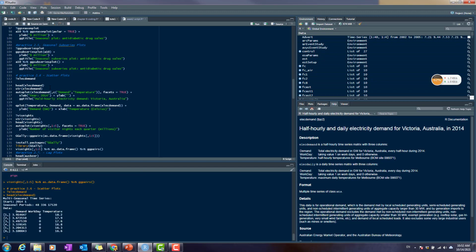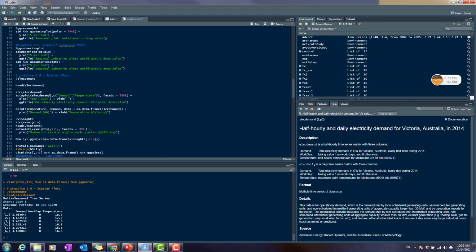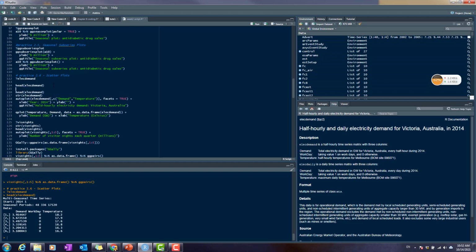And I want to take a look at the beginning of the data. Remember what I do: I use elecdemand just to explore the data, the head of elecdemand, and you can see, according to what has been demonstrated in the R document, the time series data starts from 2014, and we have the data of the demand, whether it's a work day, and the temperature in half hours.